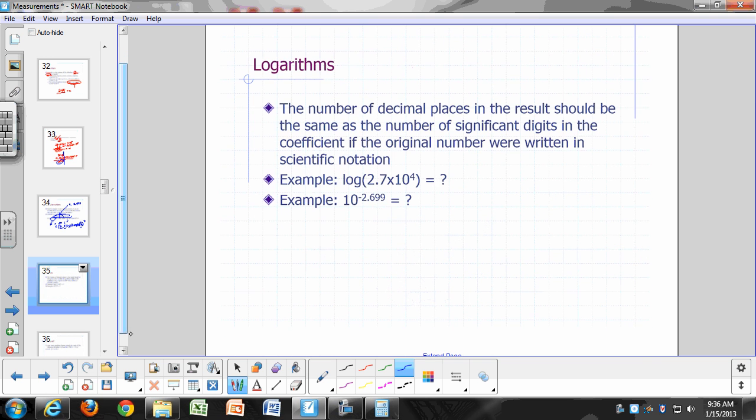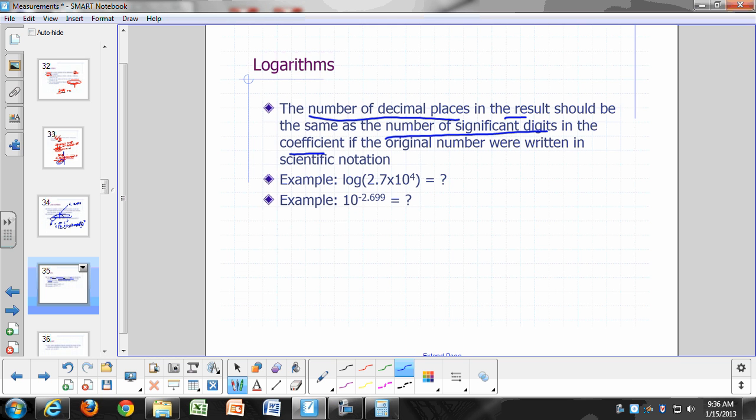What if you're dealing with logarithms? Sometime later this semester, when we calculate pH, we'll be using logarithms. The rule for logarithms is this: the number of decimal places in the result should be the same as the number of significant digits in the coefficient of the number as written in scientific notation.